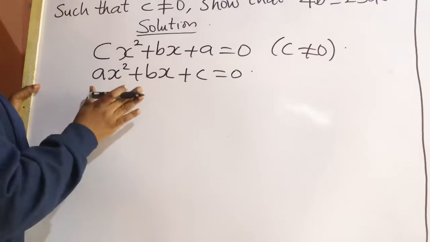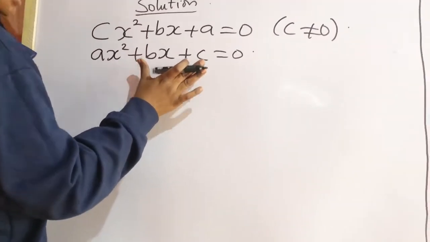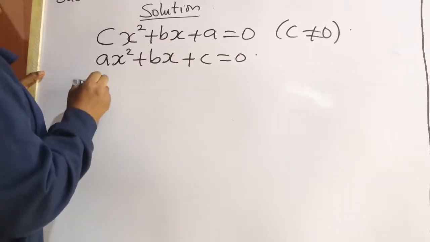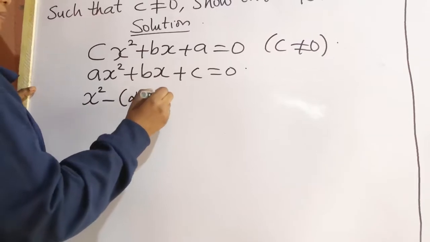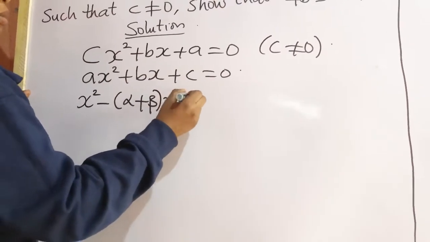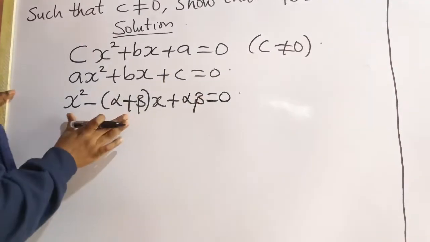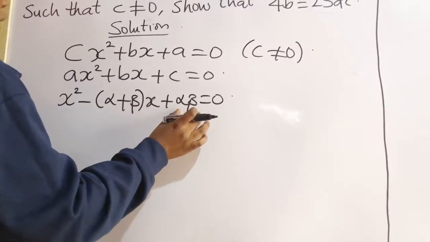And recall that we have the sum and product of roots formula to generate a quadratic equation, which is x squared minus (alpha plus beta) x plus alpha beta is equal to 0. So from here, this is the sum of roots and the product of roots.